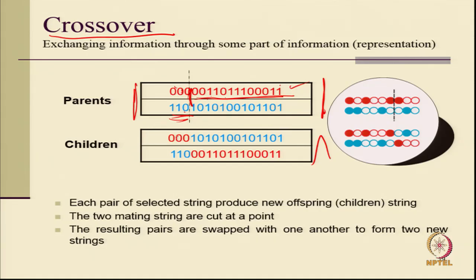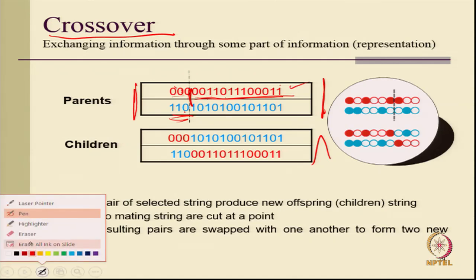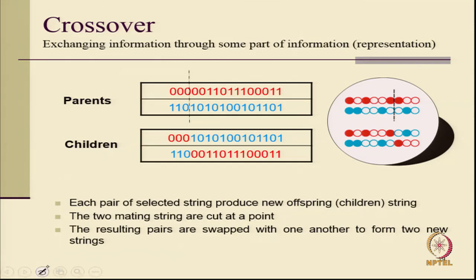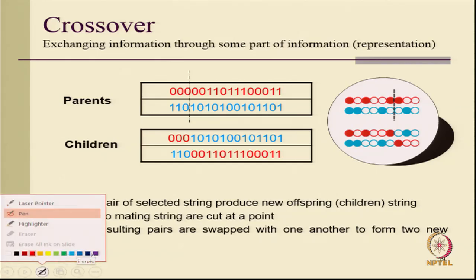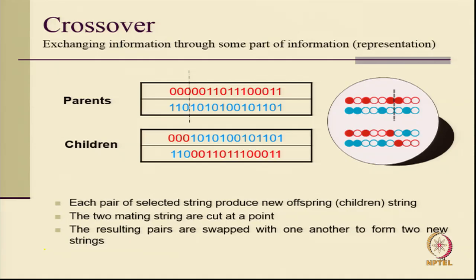If you look at this, the color is disturbing, so I use a different color. This is the crossover location. So, 0, 0, 0 and the rest all from here, and in this case 1, 1, 0 and the rest all from there. So, I have generated a new population from the fittest population itself.